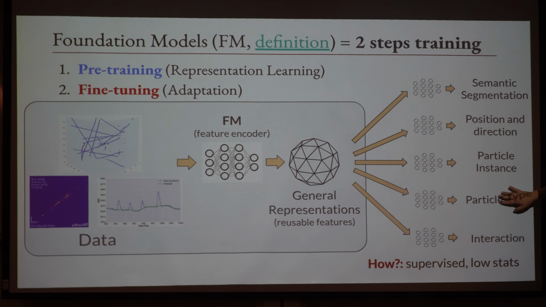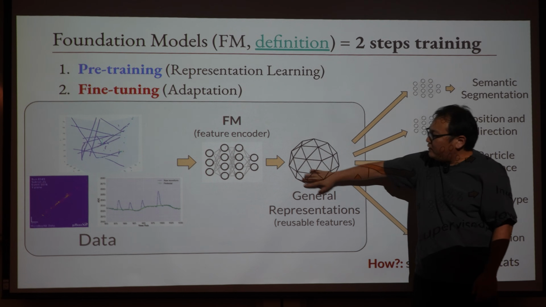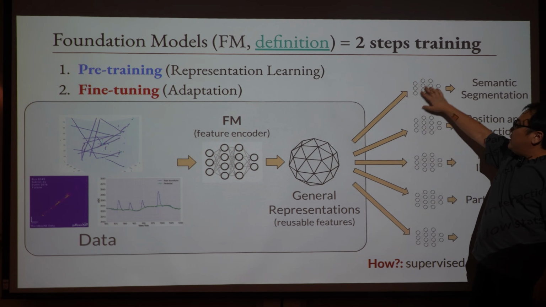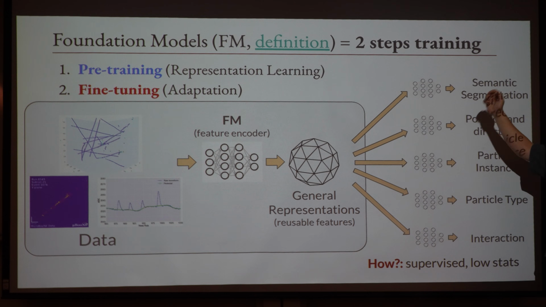Particle type identification, or maybe you identify a group of particles as an interaction. But these are the downstream tasks. These are more like what I call reconstruction tasks. You can have higher-level analysis tasks as well. But here we achieve the goal of having a large model that does the backbone, and then the small neural network projects the information onto specific observation axes.